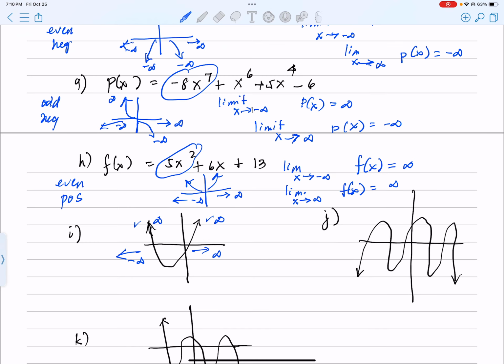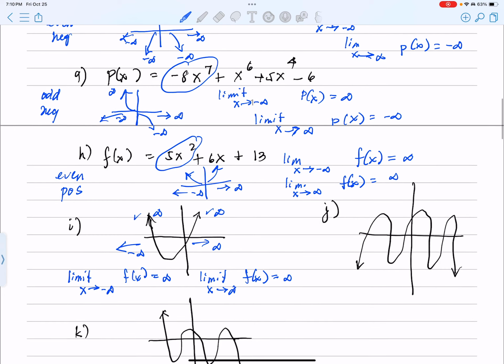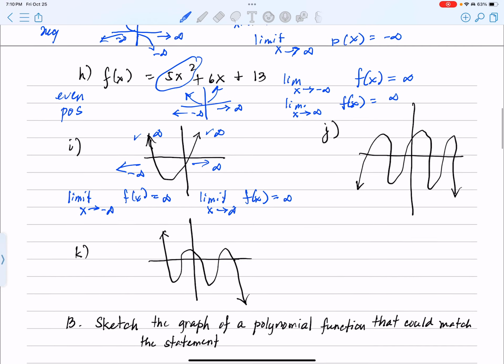So that means I could write down that the limit as x approaches a negative infinity, let's say the function of x approaches a positive infinity. Same thing as well in the right side. As x approaches a positive infinity, the f of x is also equals to positive infinity or approaches to positive infinity.